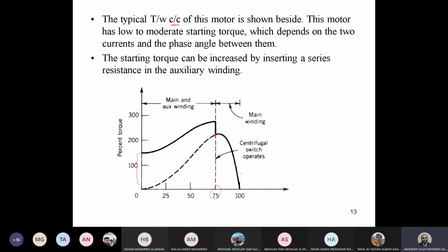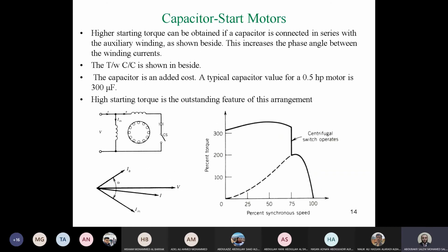So this is the first type. The second type we call capacitor start motors. We just discussed the effect of the angle between main and auxiliary winding. Now, what's your opinion if we add a capacitor in series with the inductance instead of resistance?